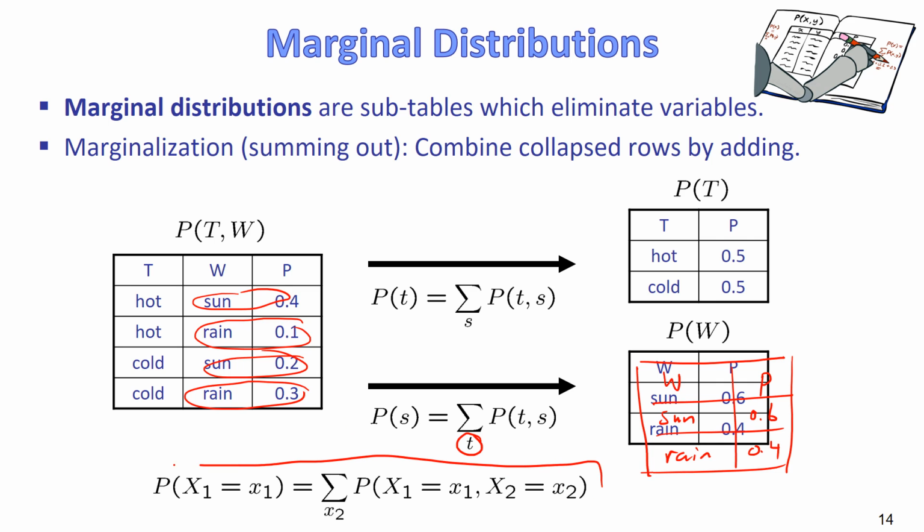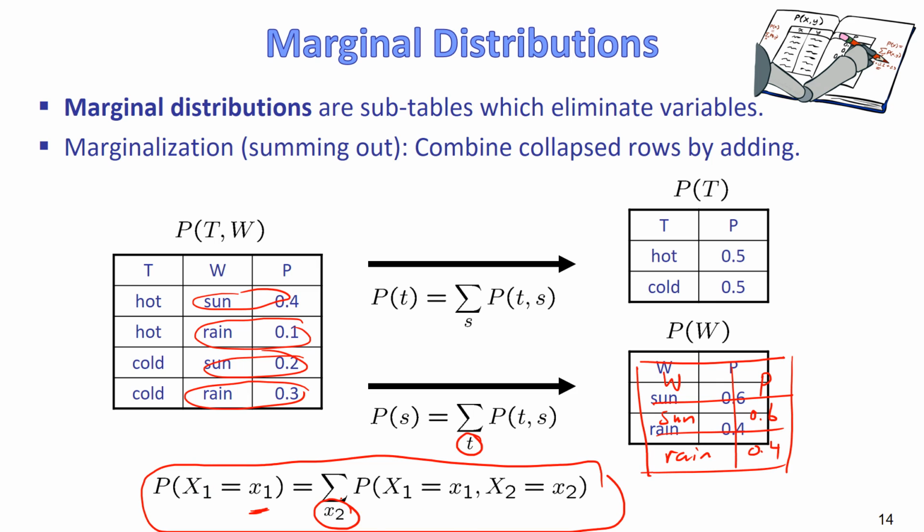If we have two variables, x1 and x2, and I want to just get the marginal distribution of x1, I will sum over all possible values of x2, given that here I want to compute just one probability of x1 equals x1 small, that's the value.